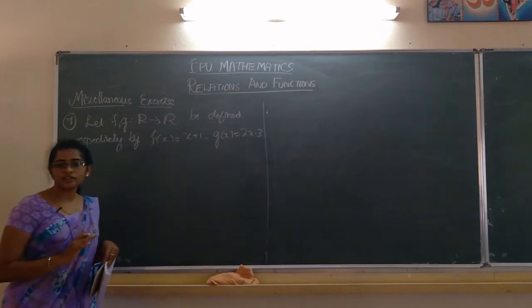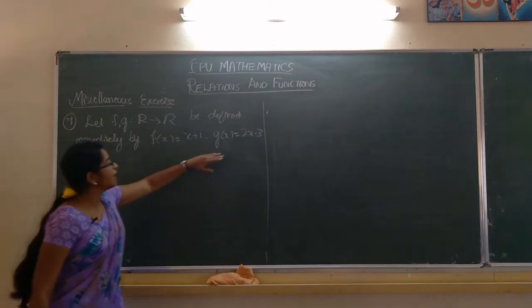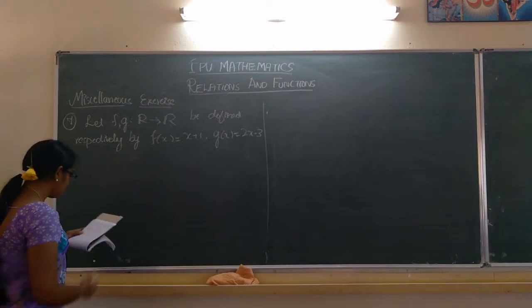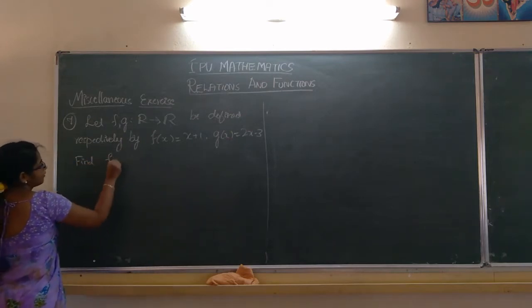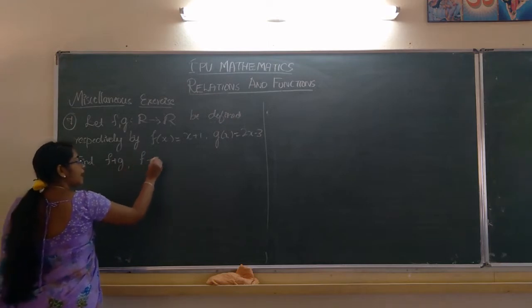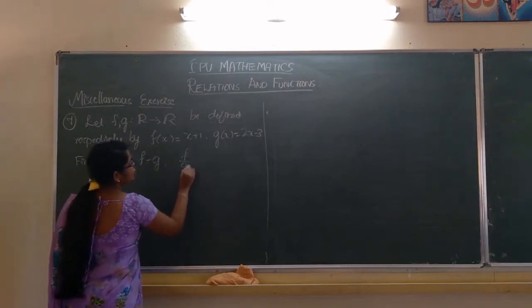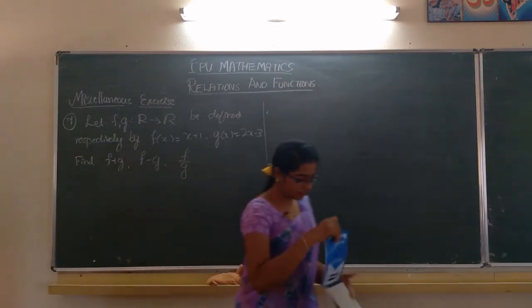These are the two functions f and g. Find f plus g, f minus g and the quotient f by g. This is the question.